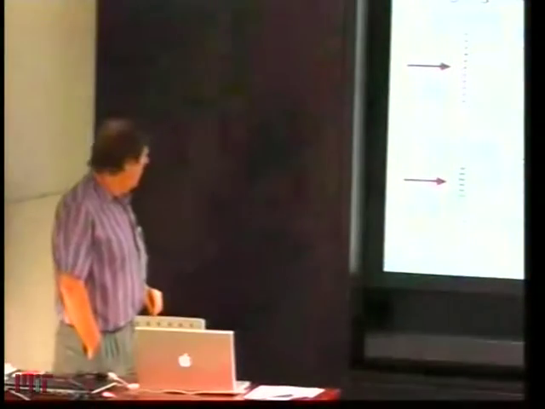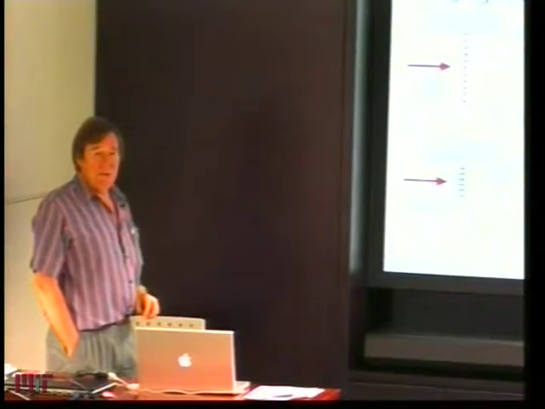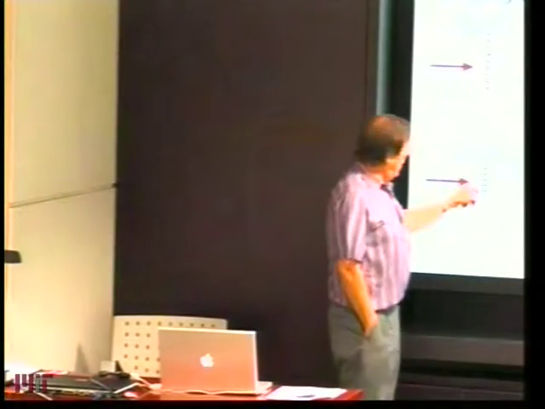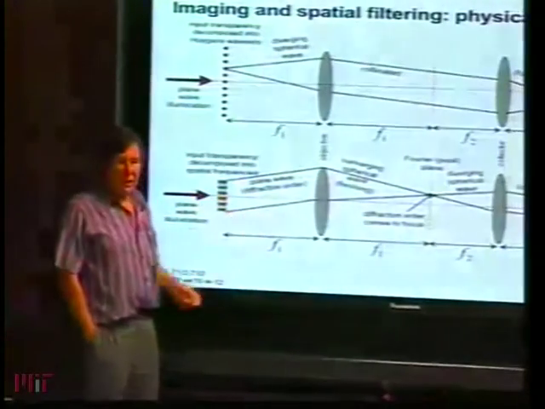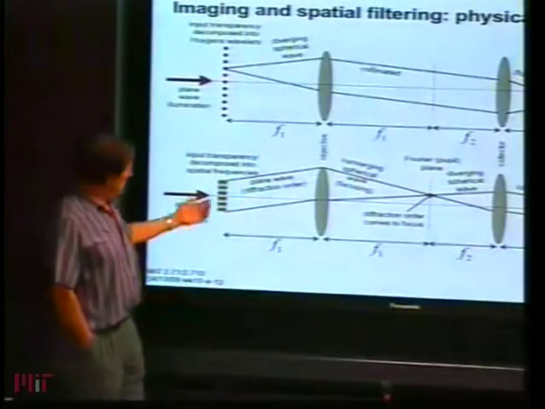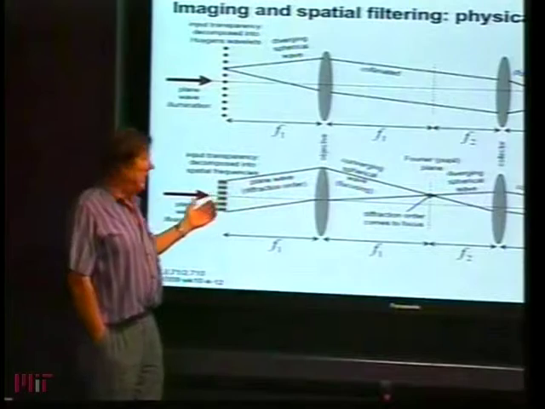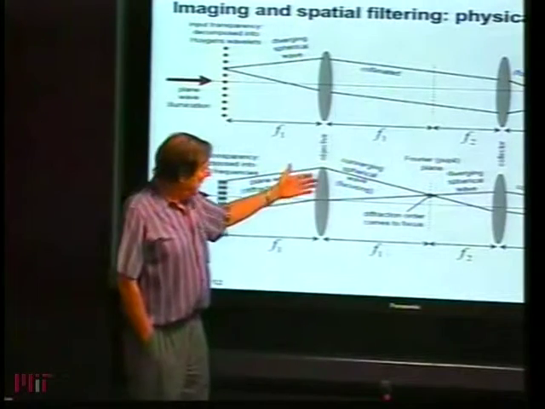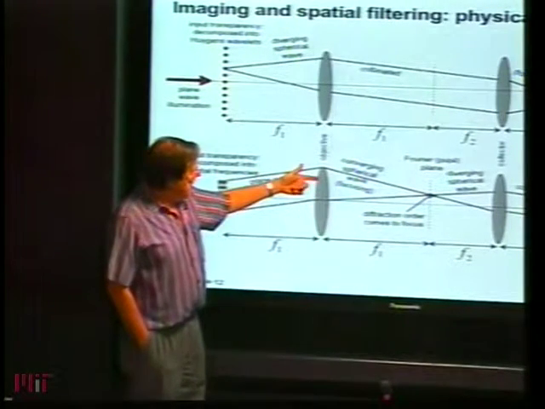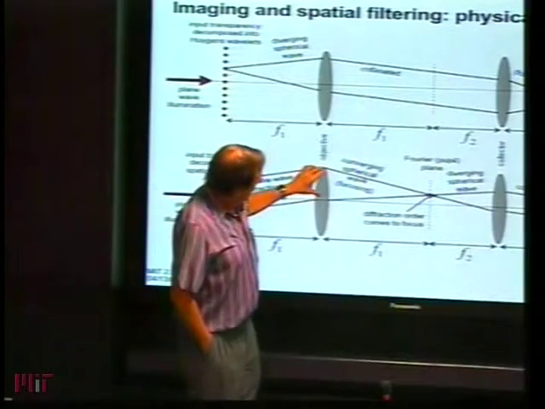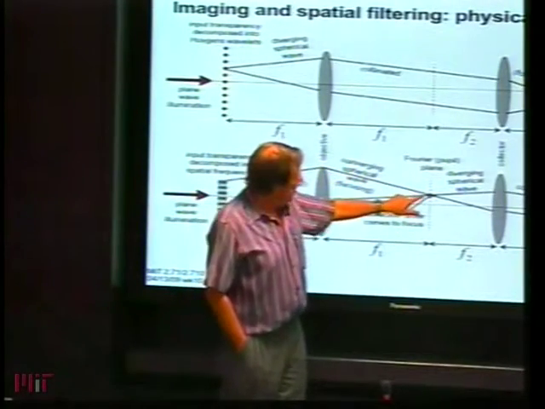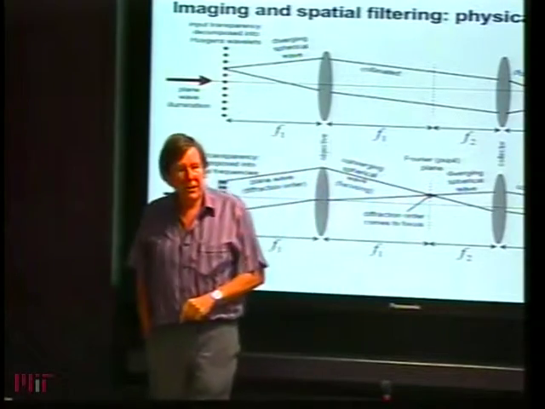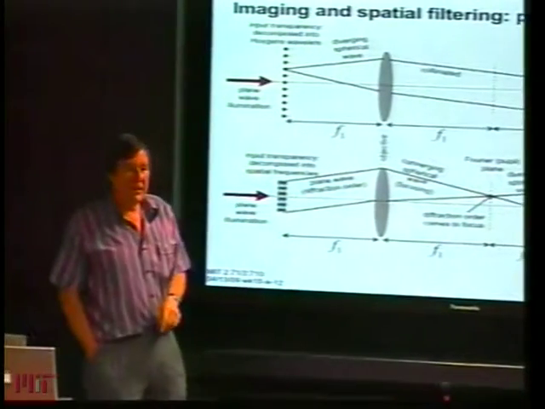And then the other way is to think in terms of spatial frequencies. We think of this object as being like a grating, which is going to produce grating orders which travel in different directions. Each of these grating orders is like a plane wave, and when it reaches the lens, it's going to produce a converging spherical wave, which comes to a focus a distance f behind the lens.